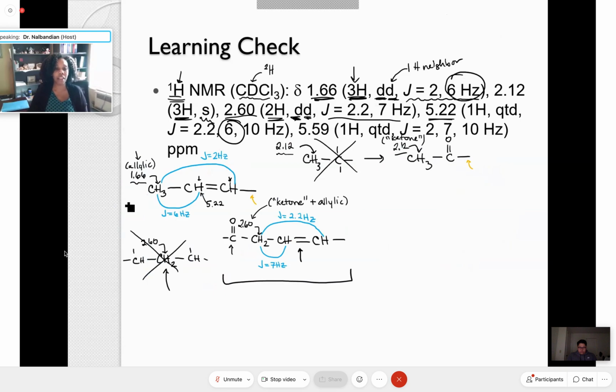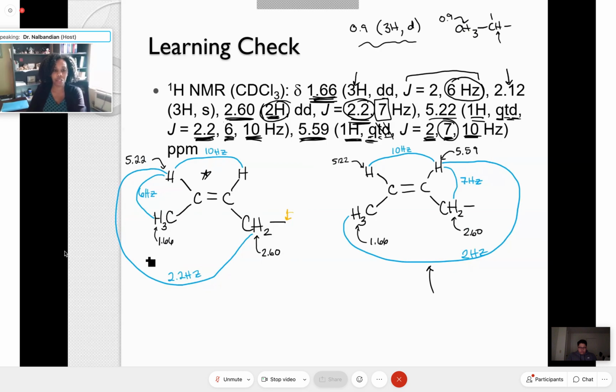But if you're looking at this, instead of doing this, you can just go over here and do this kind of thing, that's fine. If you want to have it all expanded and you're like, this is 1.66, I'm seeing this 6 hertz, and I'm also seeing, that's fine. I need to see here these are the J values, here's the stereochemistry, here's why this is deshielded. I need to be able to see all of that.